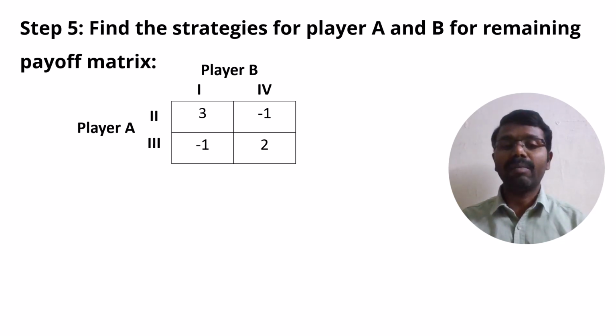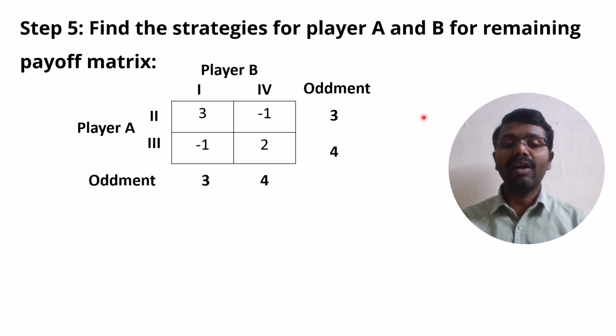Now once it becomes a 2 by 2 matrix, we can apply the oddment method. If you find the oddment value, for the rows it will be the difference between these two, minus 1 minus 2, it becomes 3, and the difference between these two, 3 minus of minus 1, it becomes 4. And the oddment value for the columns, the difference between these two becomes 3, and the difference between these two, 3 minus of minus 1, 4.